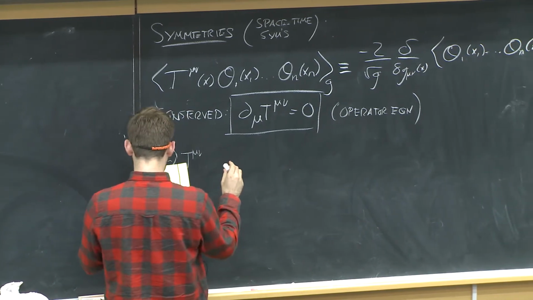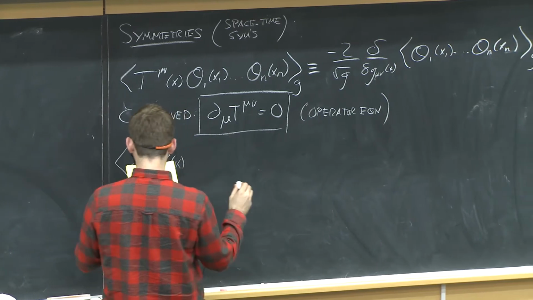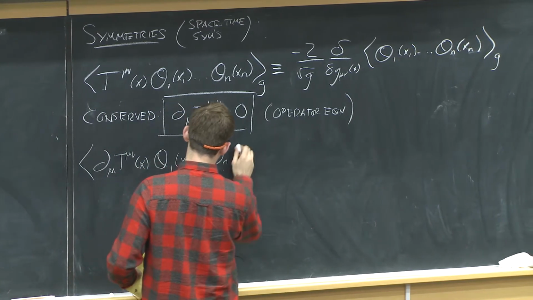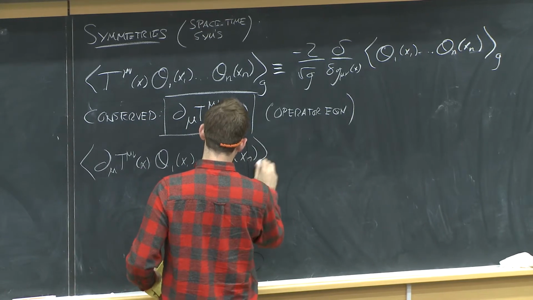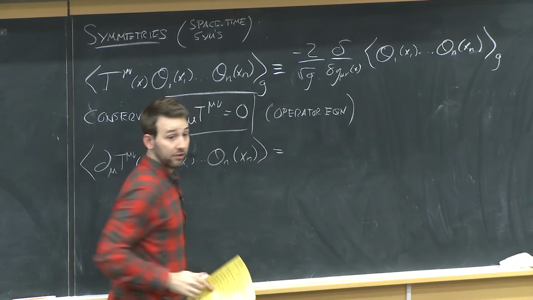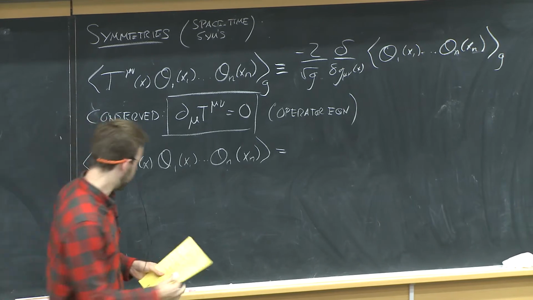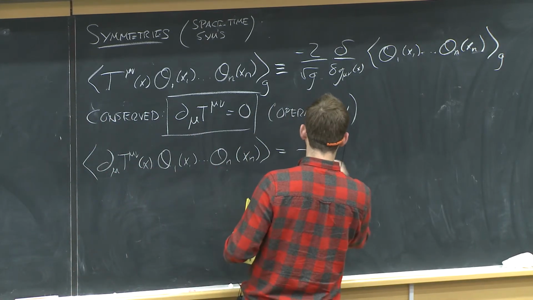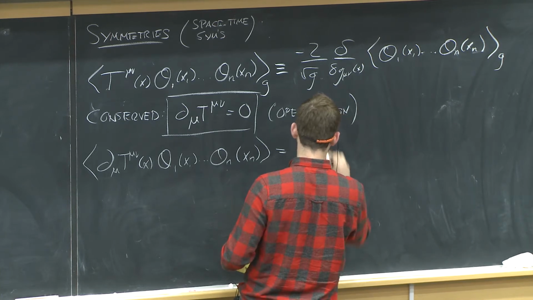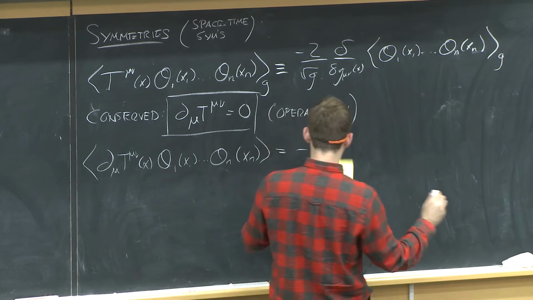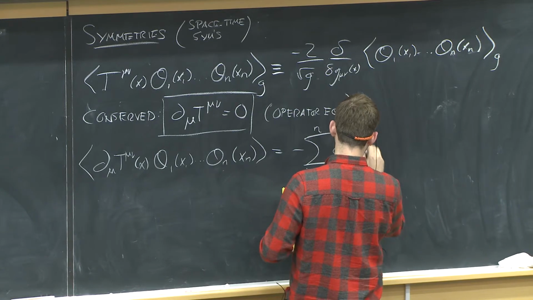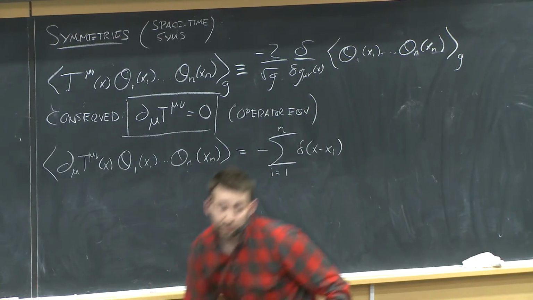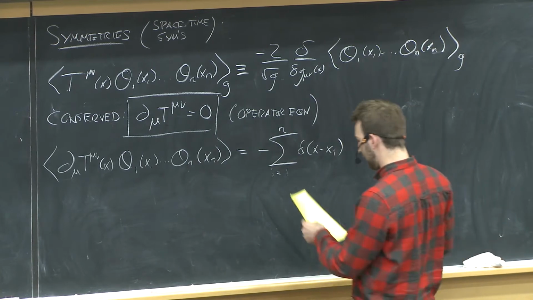And something that is a good exercise for everyone who hasn't done it before is to check that using this definition of the stress tensor, so minus sign, that you get very particular contact terms on the right-hand side.